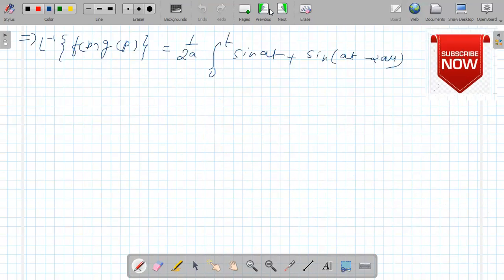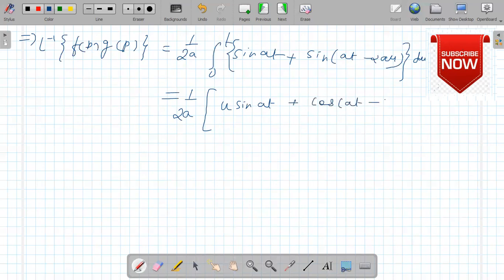Again, the integration of this with respect to u is u sine at, and it is cos of (at minus 2au) divided by 2a, with limits 0 to t.